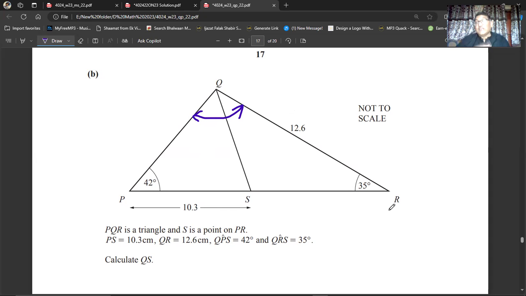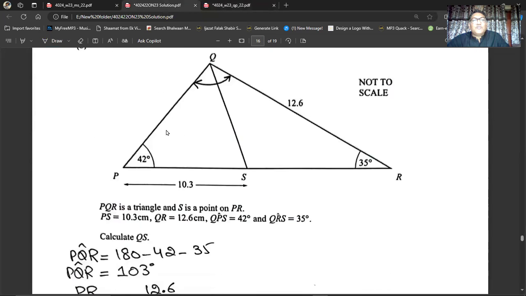So by using the sine rule, I will find the length of the PR. Once I know the length of the PR, from the PR I will subtract the PS, and I will get this length SR. Once I know the SR, then I will come into this triangle, and in this triangle, I know these two sides and I know the angle between them. By applying the law of cosine, I will be able to find out the opposite side QS. So that's why this part has 5 marks, because this involves so many calculations.